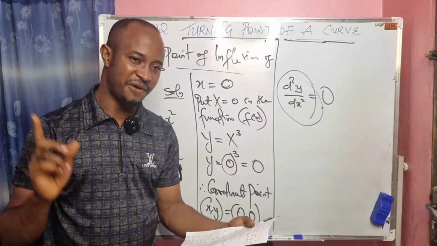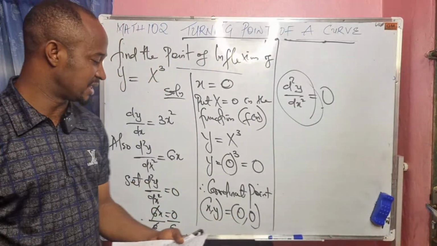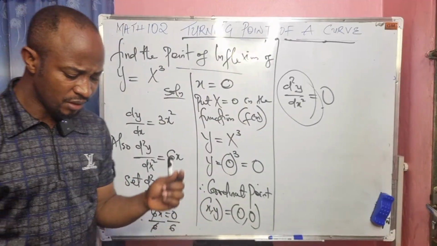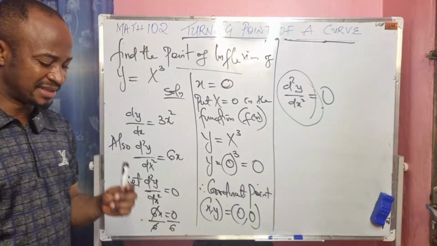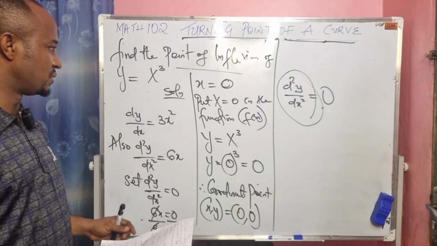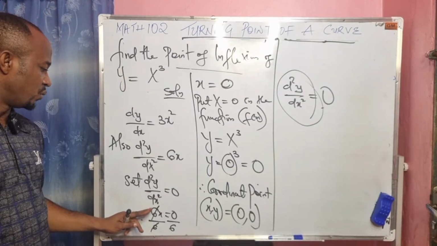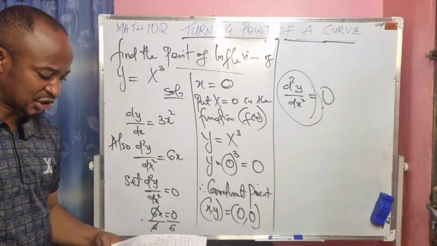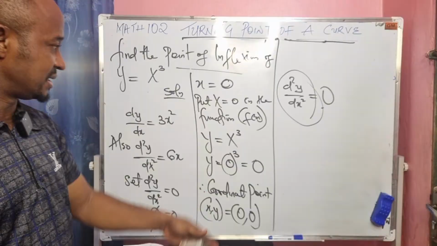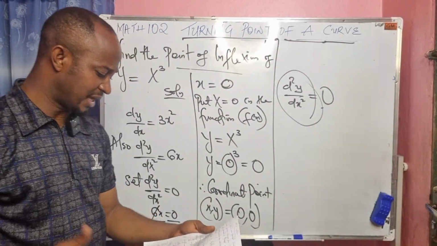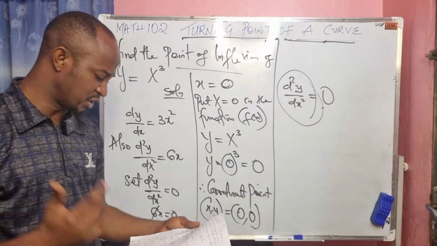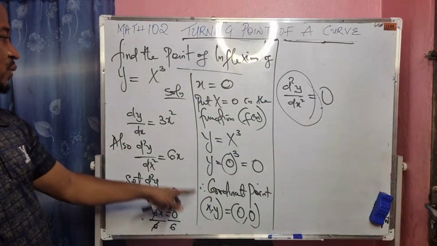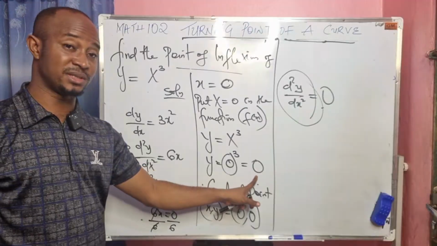Number 2, find the second derivative, d²y/dx², which we have done. Number 3 is to set the second derivative equal to 0, which is what we did here, and solve for x, which we did, and x is 0. Then we substitute x back into the original equation to find the corresponding value of y, which we did, and y gave us 0.